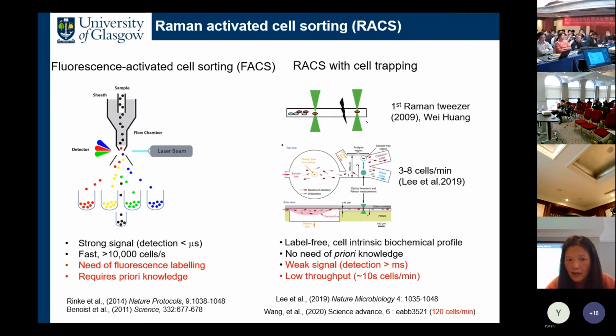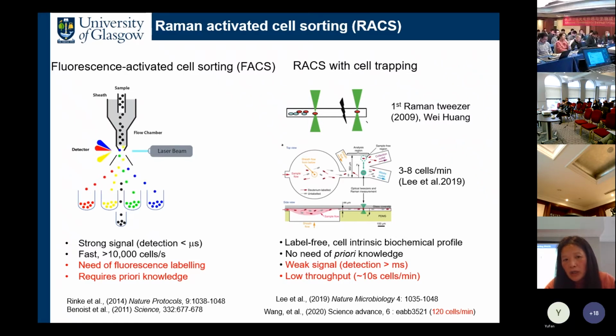But with this technology, we need to label cells with fluorescence, and we need to know what part of the cells should be labeled. So this requires a very well-characterized system. But as I just mentioned, many microorganisms are dark matter. We have limited knowledge about them.